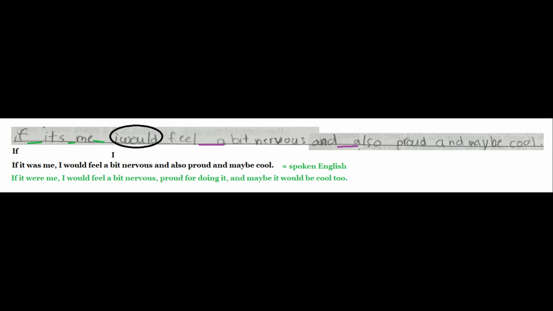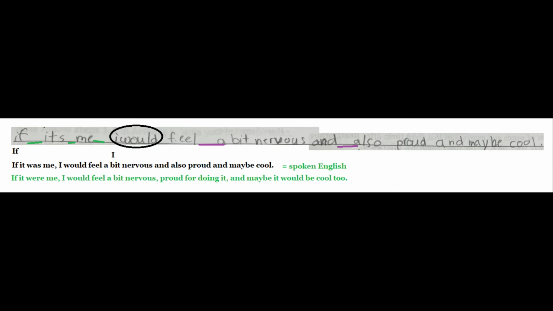Those are his words. I always try to use the student's words. I try not to add too much unless it's necessary. And here I added, proud for doing it. Because of the word proud, it sounds like they're proud for being nervous, and I wanted to make it very clear that he's proud for doing an extreme sport.